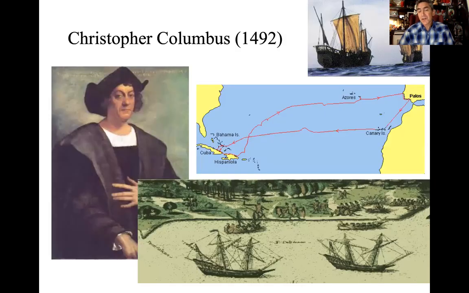So a major gene flow event took place in 1492, if you know your history, right? In 1492, Columbus sailed the ocean blue. They didn't teach you that little rhyme in school, maybe yes, maybe no. But if we can go back in time to 1492, if we were to analyze Cuba, Hispaniola, that area, the Bahamas, if we were to analyze these individuals in 1492, the native peoples that were there in 1492, they would not look like what we would see today, right?